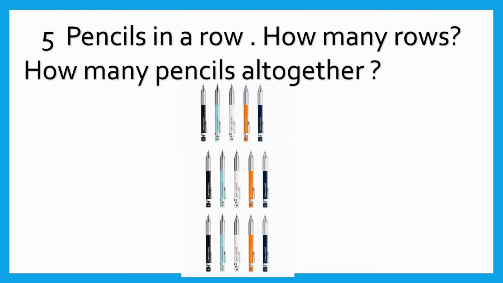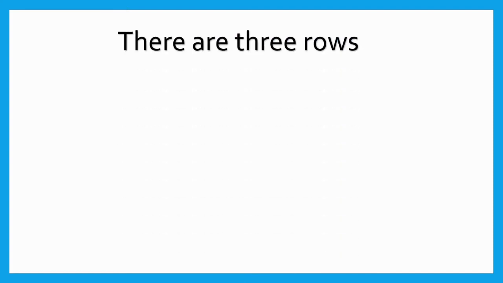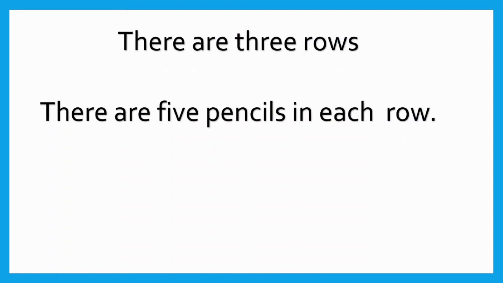Now children, another sum. 5 pencils in a row. How many rows and how many pencils all together? There are 3 rows. There are 5 pencils in each row.